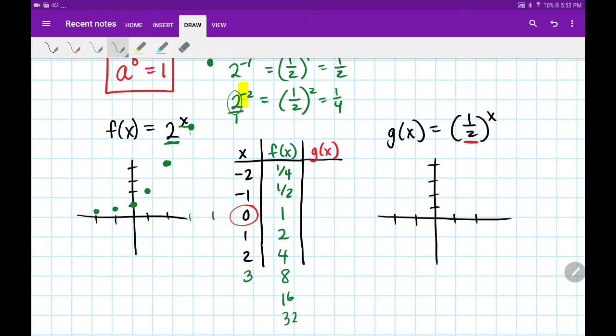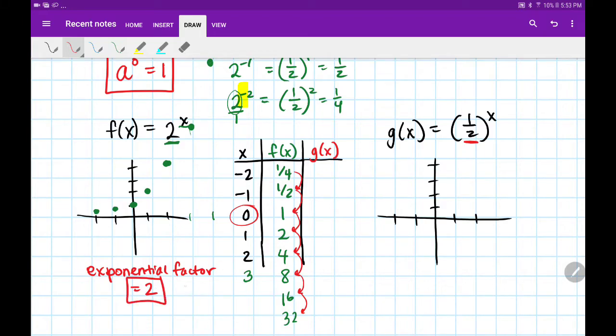Notice the pattern here. Every time I moved up, every time I increased my x by 1, these values doubled. That's called the exponential factor. The fact that every time I moved up one value on x, my graph doubled. So my exponential factor is 2.